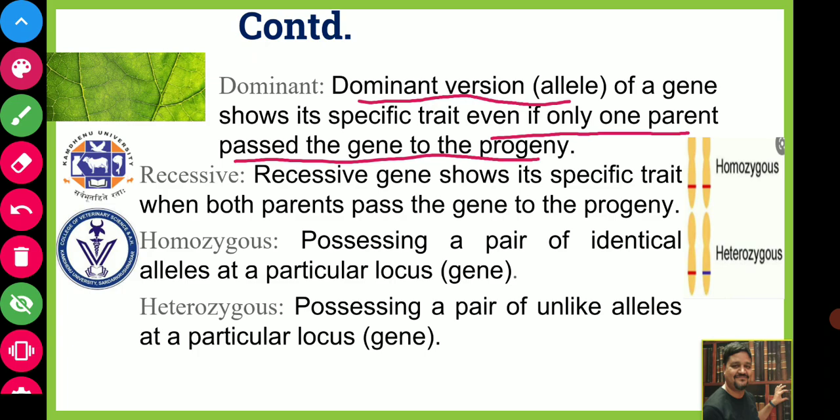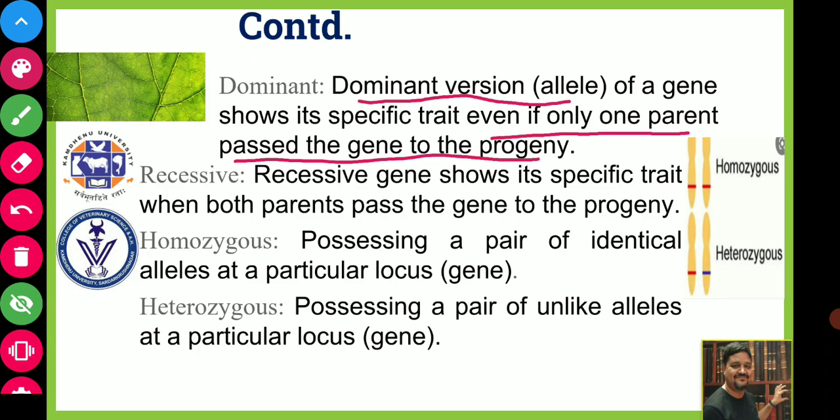But what is dominant? Dominant means the dominant version of allele. An allele will be called dominant when it is being transferred from one parent only and it is expressing its characteristic.